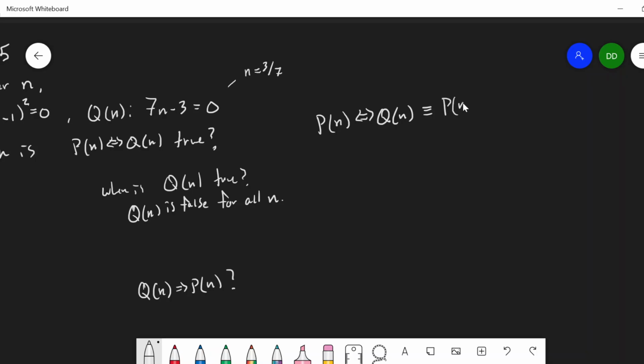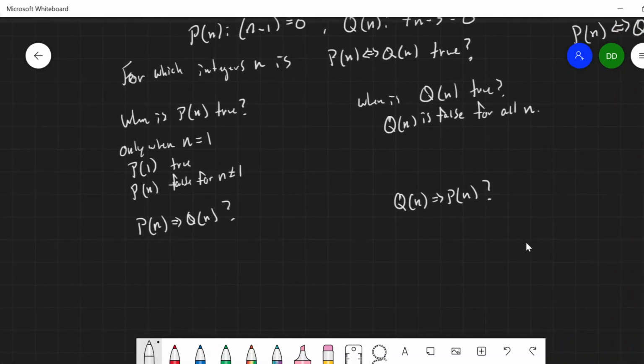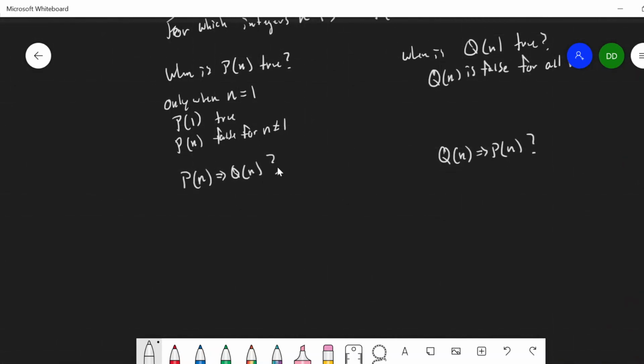So both of these have to be true in order for the biconditional to be true. That's why I'm going down to this next level. Once I figure out when these are true, I'll take the conjunction of them and I'll have my answer for the biconditional.